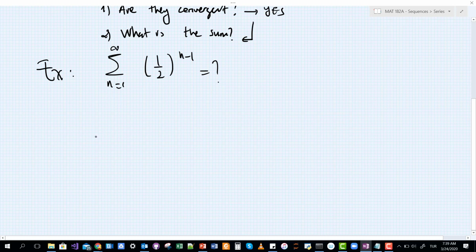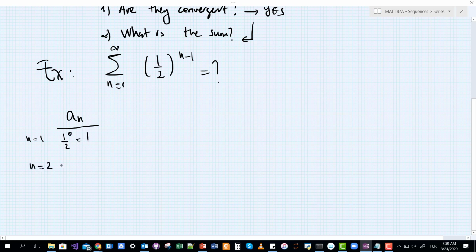What I will do is go ahead and try to write down the general term elements. Look at that. If I want to see the elements of this series, I will use this. When n is equal to 1, the element of this series is going to be equal to 1 over 2 to the 0, which is equal to 1.